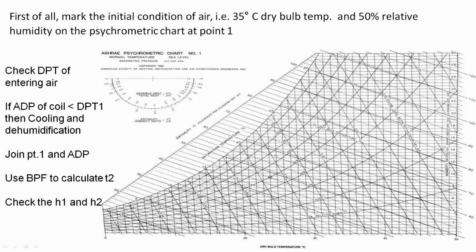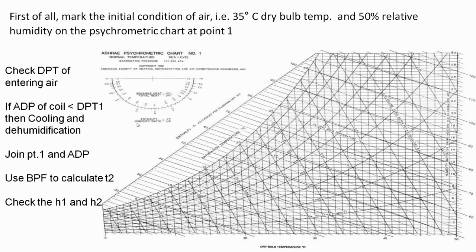Now for our ADP, going directly to the saturation line at 5 degrees Celsius, we can draw point number 3, which is our ADP. Point number 2 lies between point 1 and 3, as a property of the bypass factor or inefficiency of the coil. Checking the DPT of entering air, the ADP of the coil should be less than the DPT.